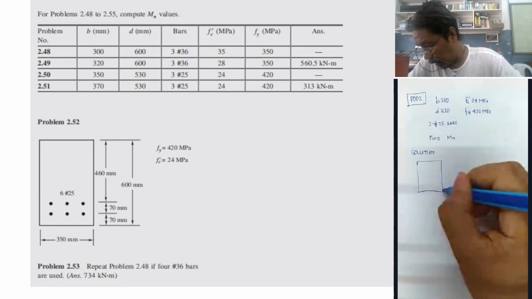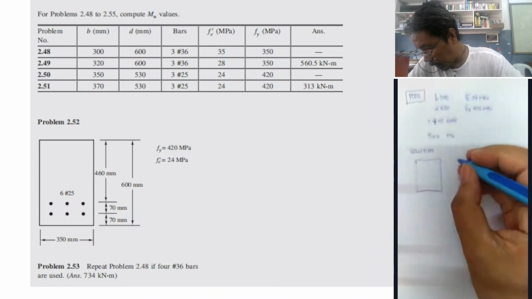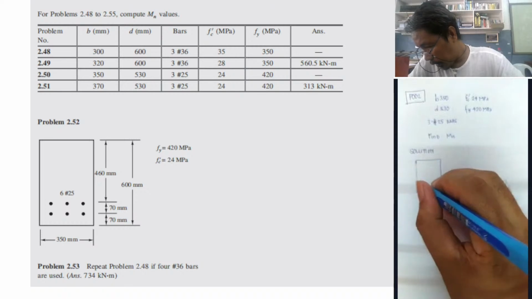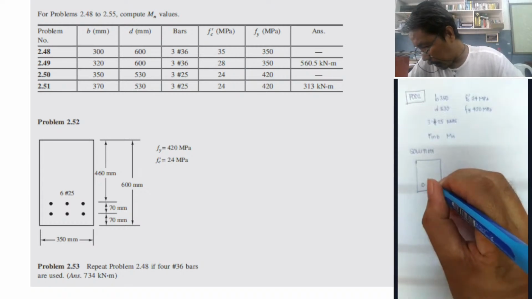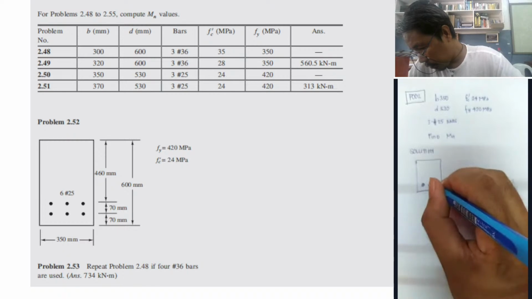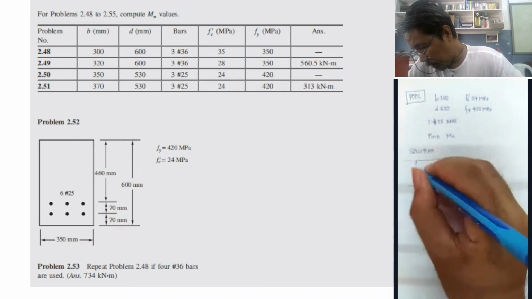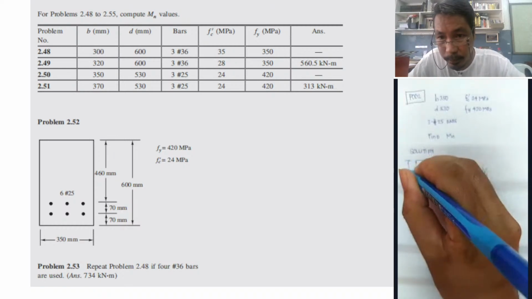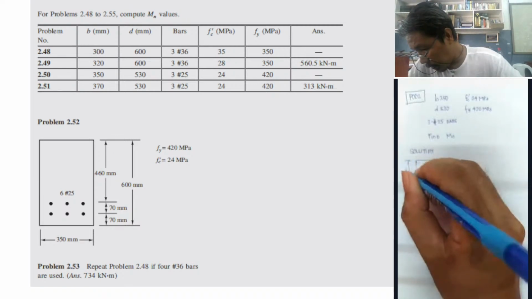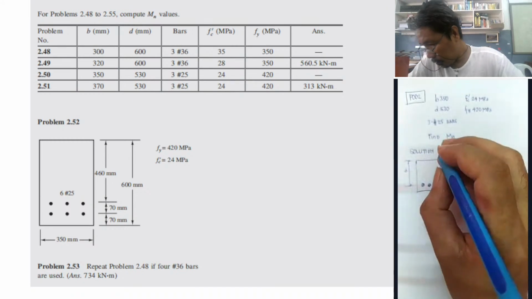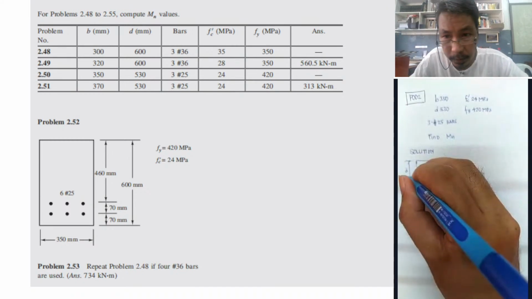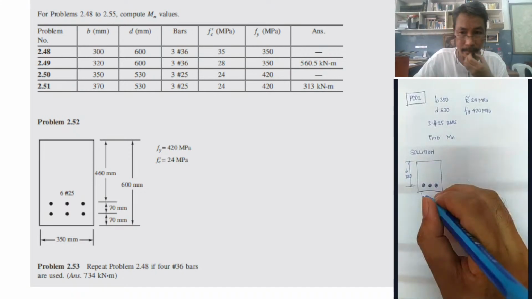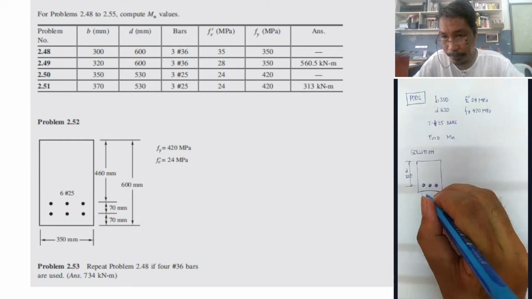So we have 3 reinforcement rebars. So again, we have the dimension. D, which is equal to 530. B is 350. Okay, we have something like this.